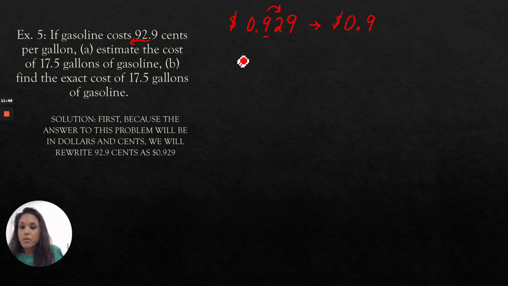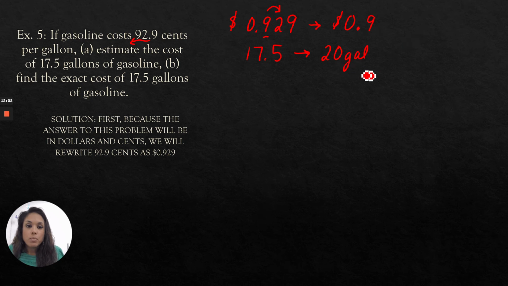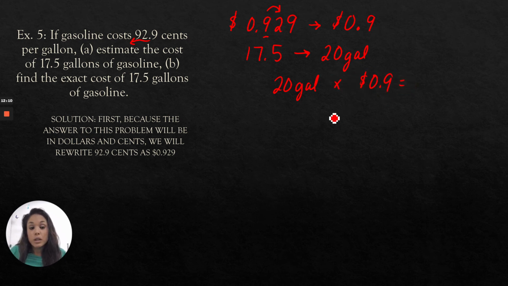And then for my 17.5 gallons of gasoline, I'm going to round that to the nearest 10, which would be 20. So 20 gallons. So let's multiply this, 20 gallons times 9 cents. And really, we could do that in our head, because we have 9 times 2 is 18.